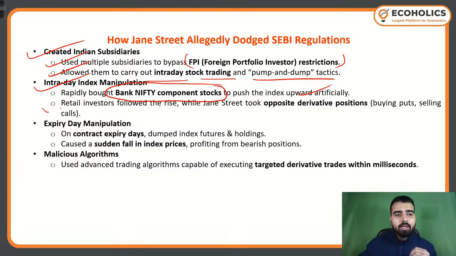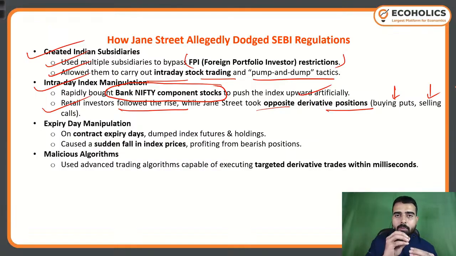Then retail investors followed the rise. As I said, it is a snowball effect. If retail investors see that prices are going up, they will buy. So retail investors also started buying the Nifty 50 stocks, and they also helped in inflating the prices, while Jane Street took opposite derivative positions. As I said, they bought the put option and sold the call option.